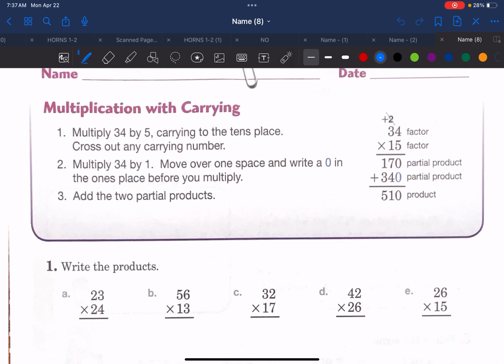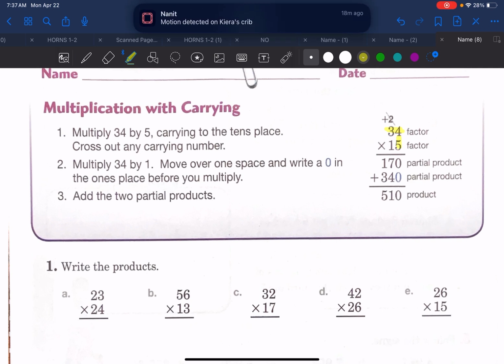So you start, in the example problem, by multiplying 34 times 5. You just do the 5 times the 4. Well, 5 times 4 is 20, so you have to carry the 2 up here and put your 0 down below.